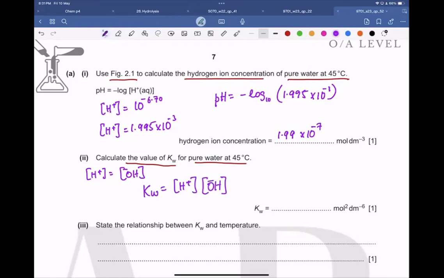So it is going to be 1.99 exponent minus 7 whole square. Can anyone calculate it and tell me the answer?